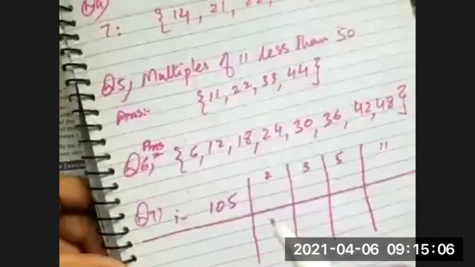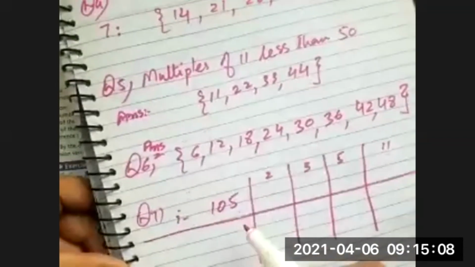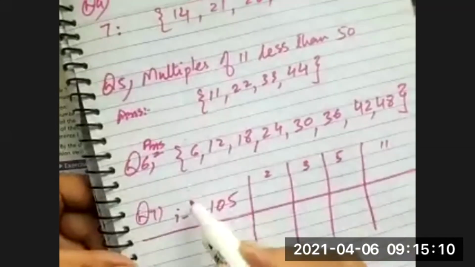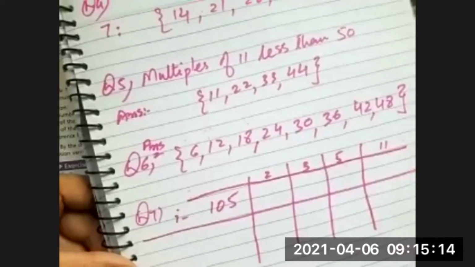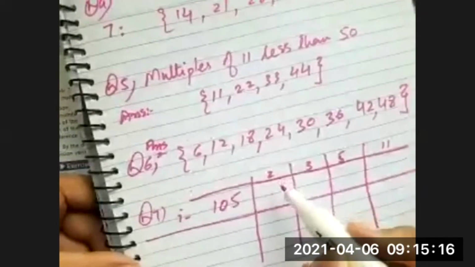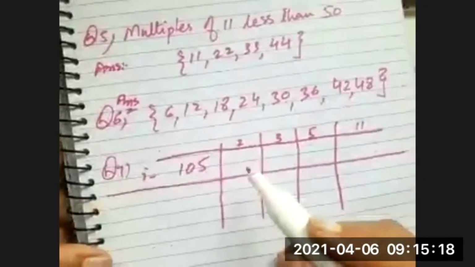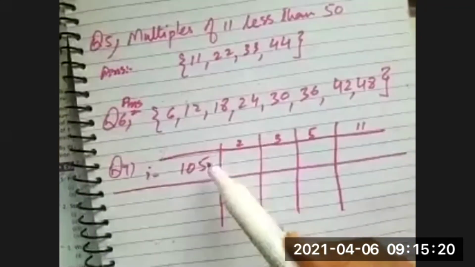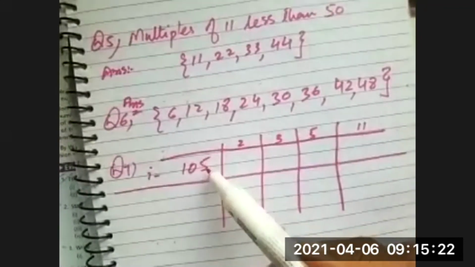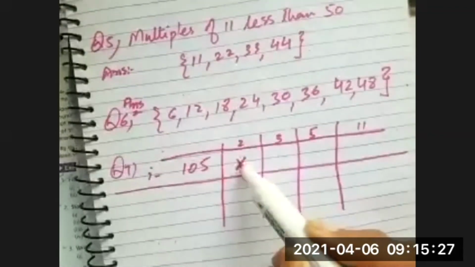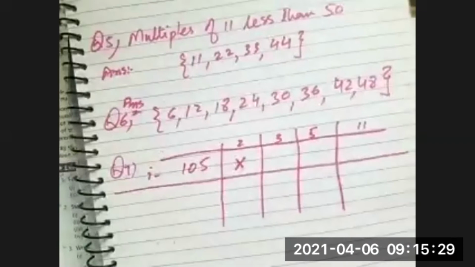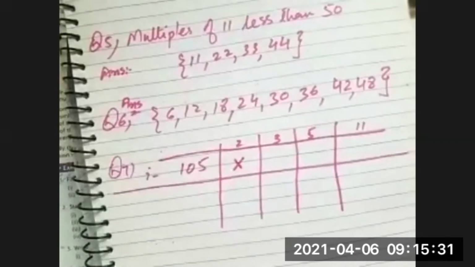So draw the lines with the help of a ruler and make the table like this. The first number is 105. You have to tick or cross whether the number 105 is divisible by 2. So apply the rule of 2 upon this number. Look at the unit place. You have 5 in the unit place, so you can easily say that the number is not divisible by 2.